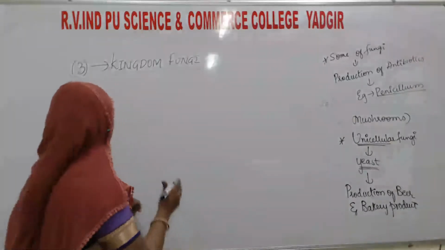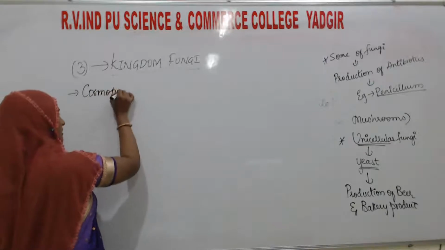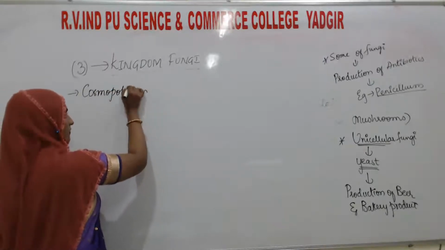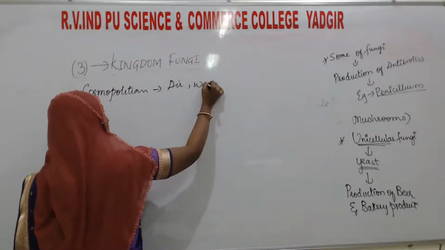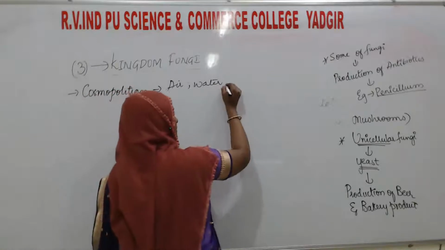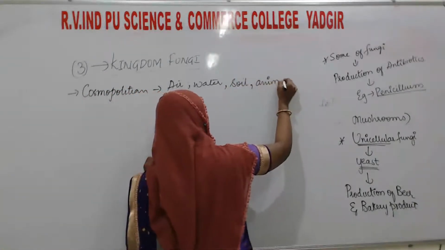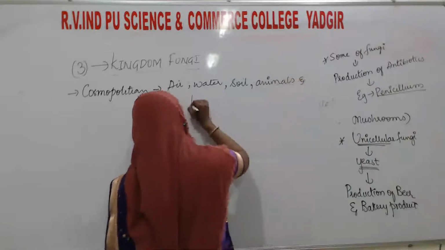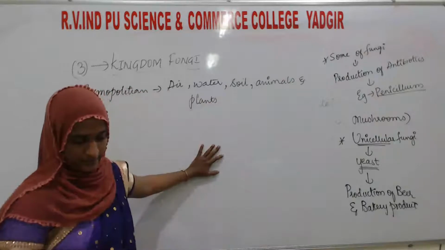See, fungi are cosmopolitan, found in air, water, then soil, animals and plants. Cosmopolitan means everywhere.